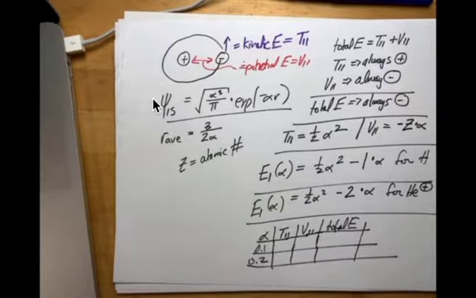You get the most negative value is what you're looking for. That'll be the stable.